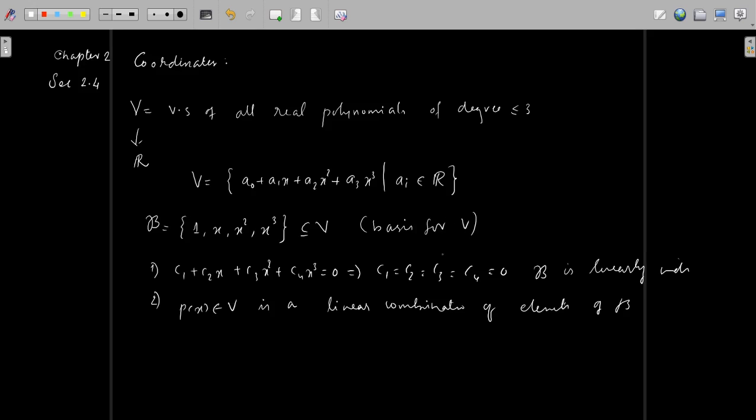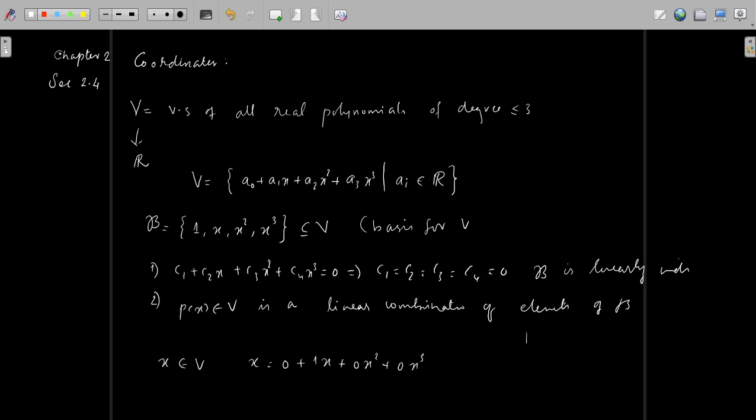Okay, so if you consider an element x belonging to V, then x takes the form 0 plus 1x plus 0x square plus 0x cube.